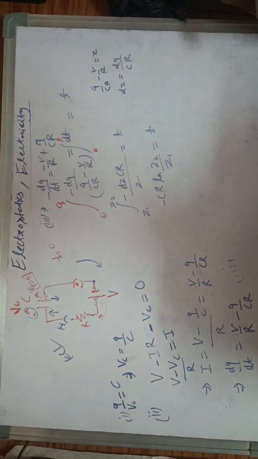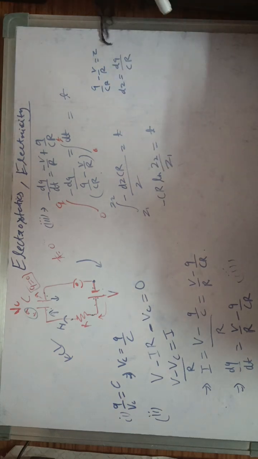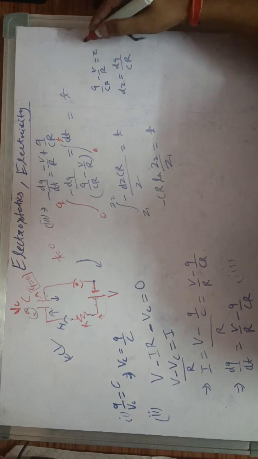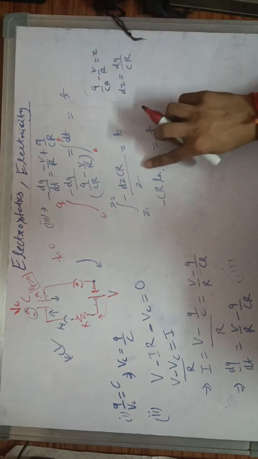Now this z2 over z1 can be, the final value of z2 can be written from this and initial value at the denominator.